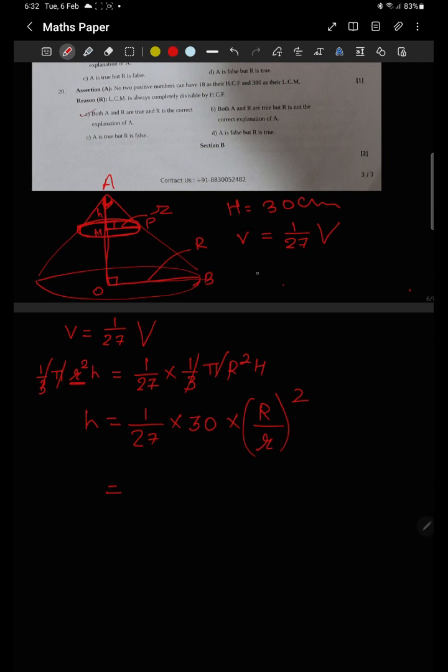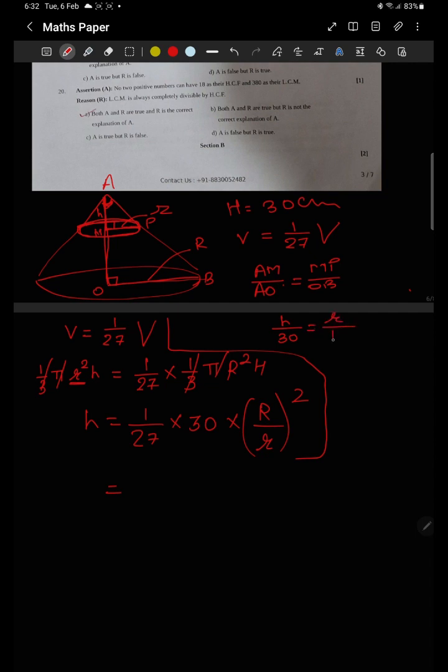So my AM upon AO is equal to MP upon OB, correct? My AM is nothing but small h, and AO is nothing but capital H, which is 30.